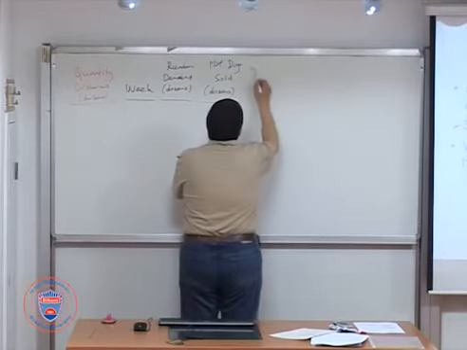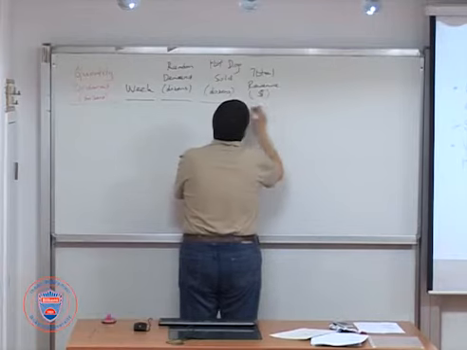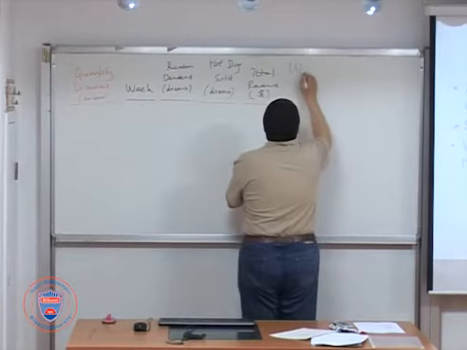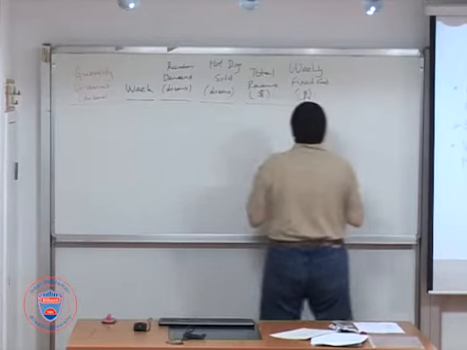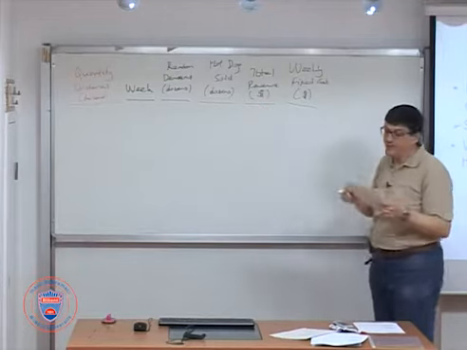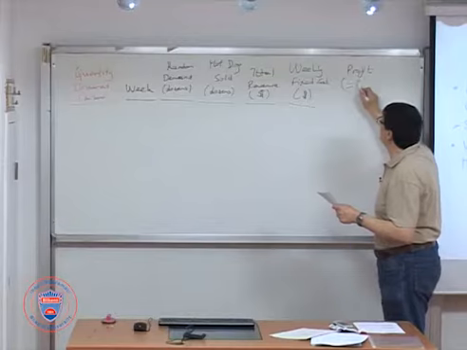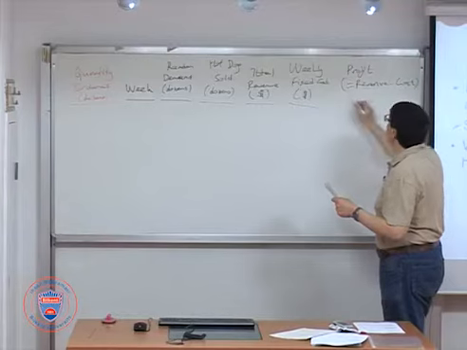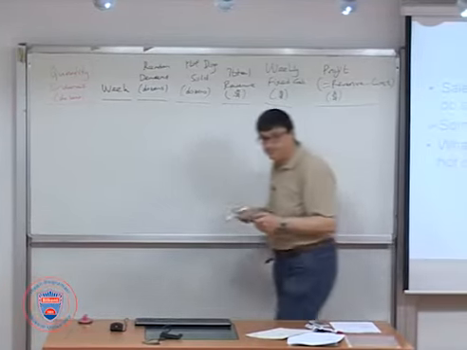Then I will be able to compute the total revenue, which is going to be in dollars, if this happens. And of course, I'm going to have some kind of a fixed cost for the week because of my decision. And then I can write the value of the profit, which is equal to revenue minus cost. And this is also going to be in dollars in the last column.